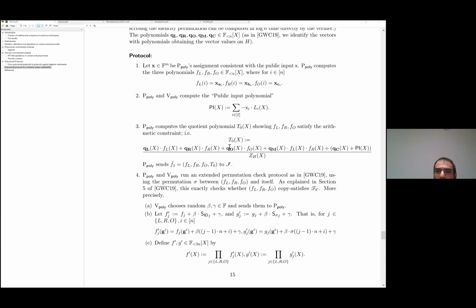So the main difference between the high level protocol here and in PlonK is that in PlonK, at the end we have a round where we send this quotient, which is a random combination of the quotients of the different equations.